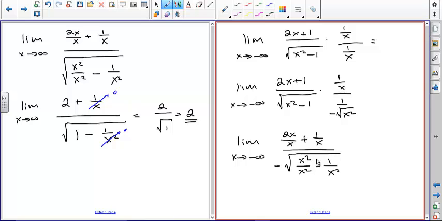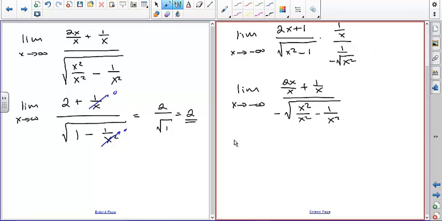Then you simplify, and as x goes to negative infinity, you get 2 plus 1 over x divided by negative the square root of 1 minus 1 over x squared.